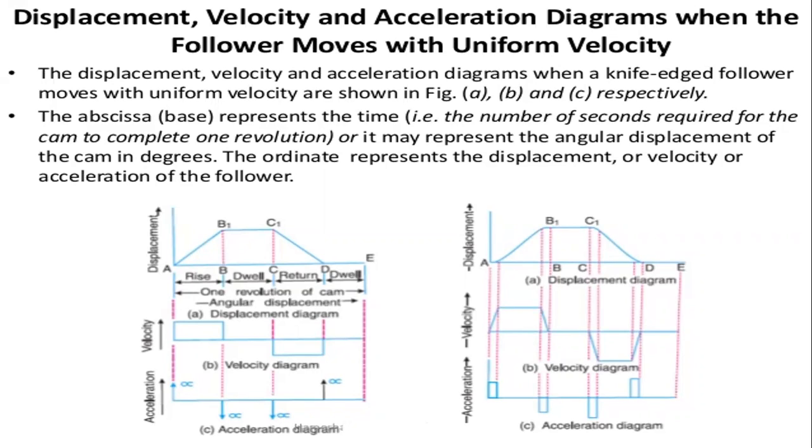Whenever there is a representation of each diagram in the question, you need to draw it. That is the acceleration diagram, the velocity diagram, and the displacement diagram. So three types of diagrams have to be drawn. Here in the picture you can see the velocity diagram, the acceleration diagram and the displacement diagram.